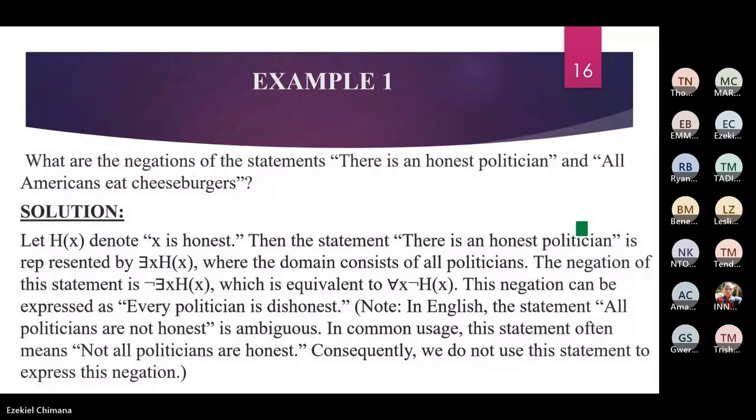Note that in English, the statement all politicians are not honest is ambiguous. In common usage, the statement often means not all politicians are honest. Consequently, we do not use this statement to express this negation. That is the first example.